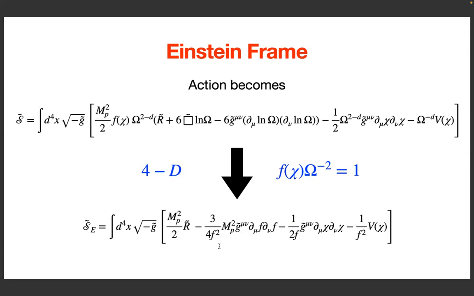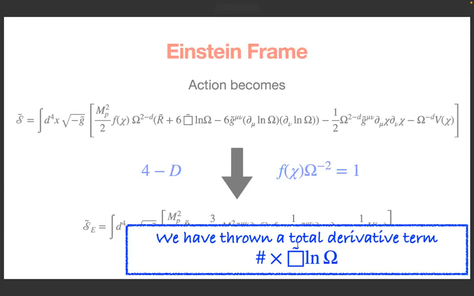I end up with two kinetic terms, one for the chi field and one for f. But f depends on chi, and I have dropped some terms that are just a total derivative. You can drop such terms in the action.